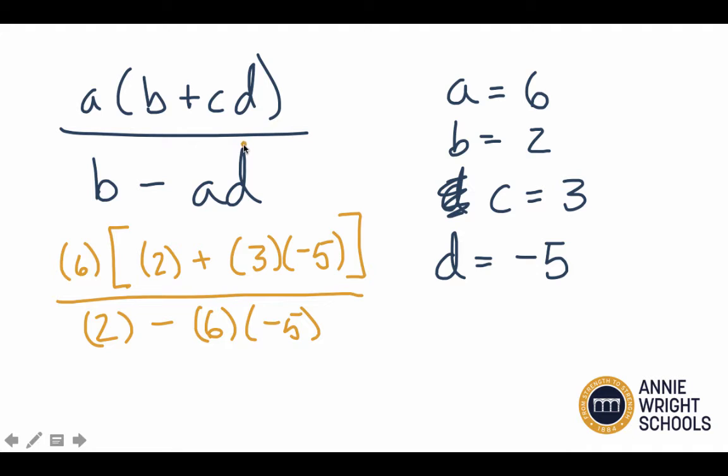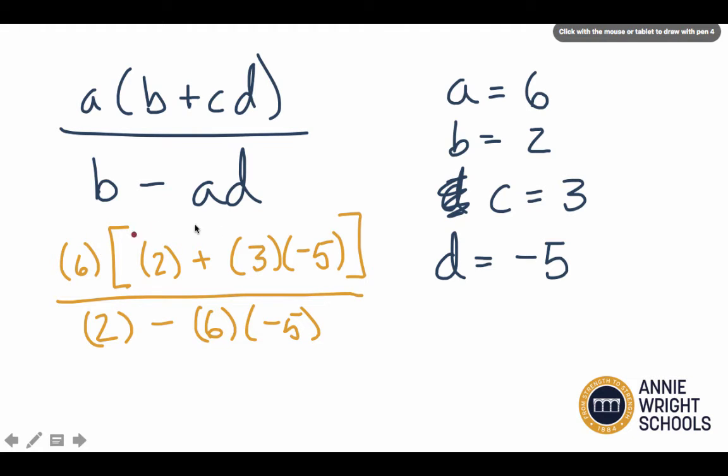When you have a fraction, remember to simplify the numerator and the denominator independently and then come together. Follow the order of operations. No exponents, so it's all just multiplication and division first, then addition and subtraction.